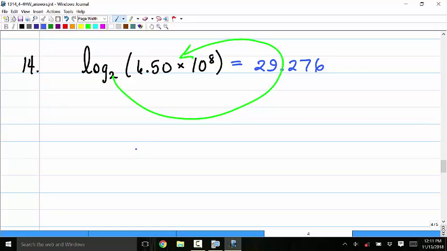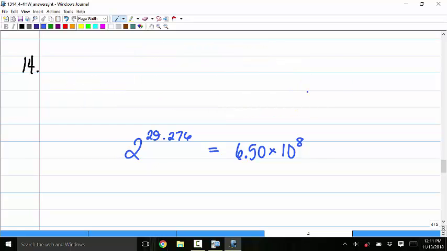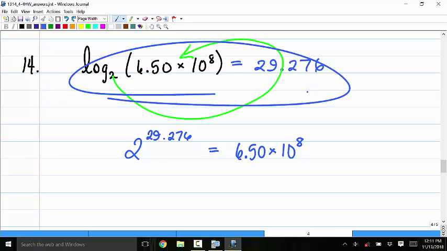So in exponential form you would write that as 2 to the 29.276 would equal the number 6.5 times 10 to the 8th. Are you getting used to seeing it in logarithmic form?